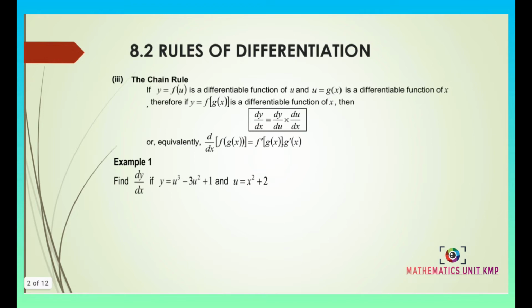The first rule here is the chain rule. If y equals f(u) is a differentiable function of u, and u equals g(x) is a differentiable function of x, therefore y equals f(g(x)) is a differentiable function of x.